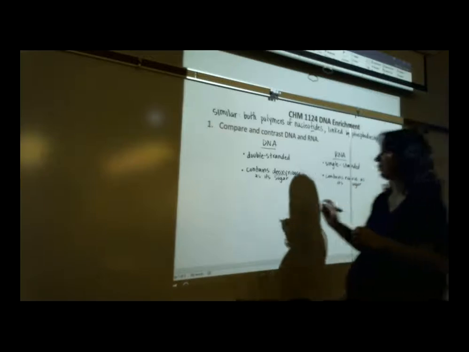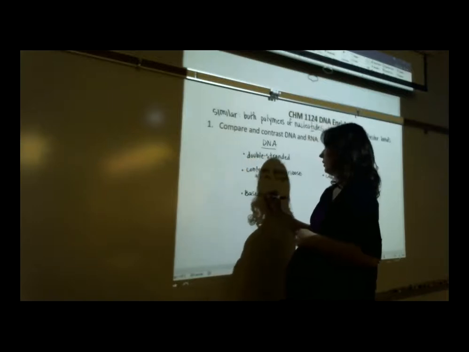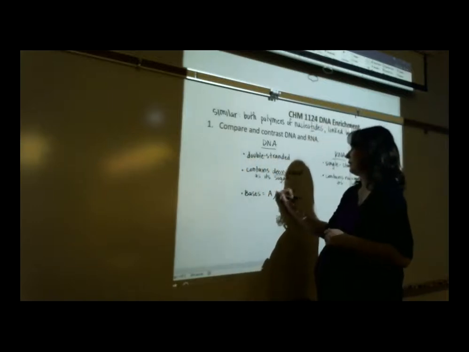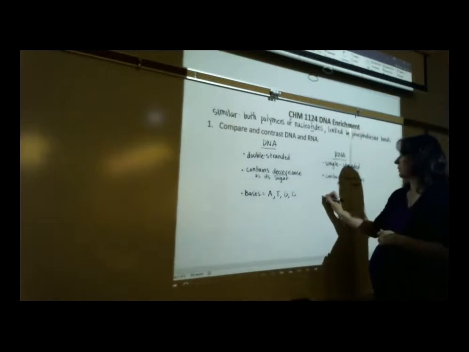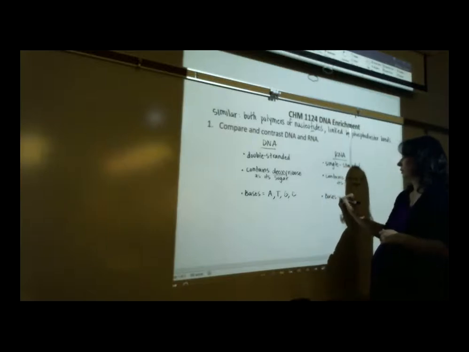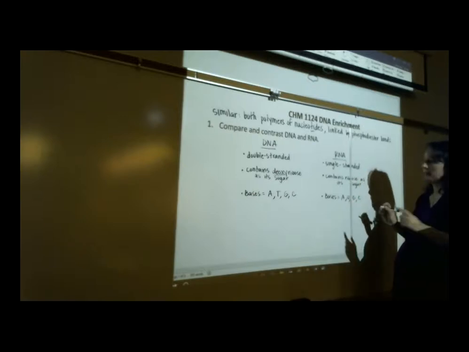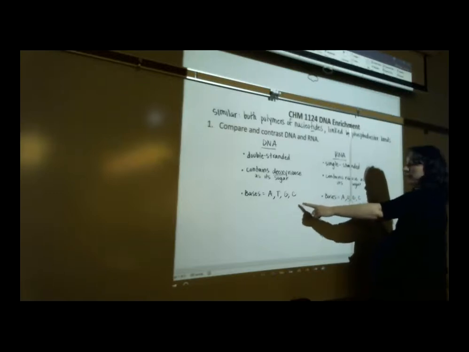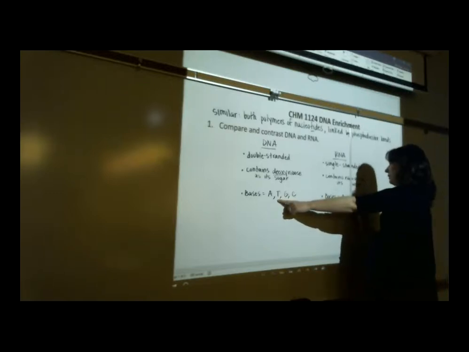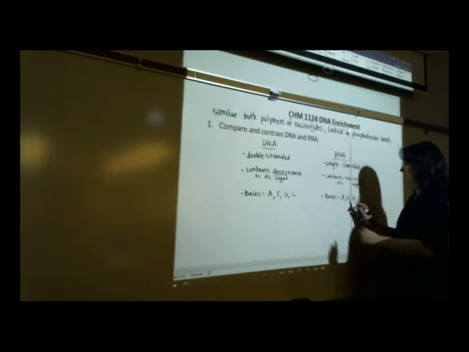And then in terms of the bases, DNA's are A, T, G, and C, whereas the bases in RNA are A, U, G, and C. Okay, so they both contain A, both contain G, both contain C, but one contains thymine, one contains uracil, and the only difference here is that this one's got a methyl group that this one doesn't have.